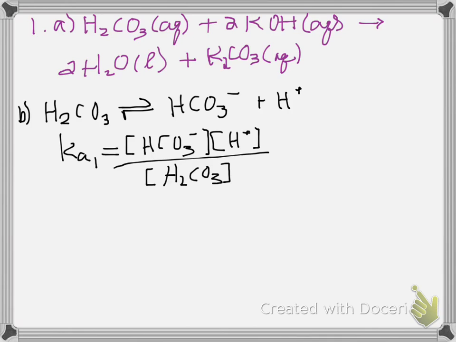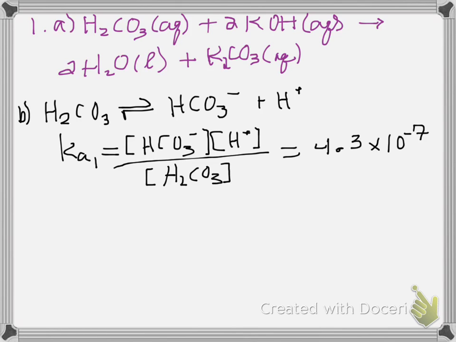Okay. So according to Appendix D here, carbonic acid's first Ka is 4.3 times 10 to the negative 7. So this value is easy to find.